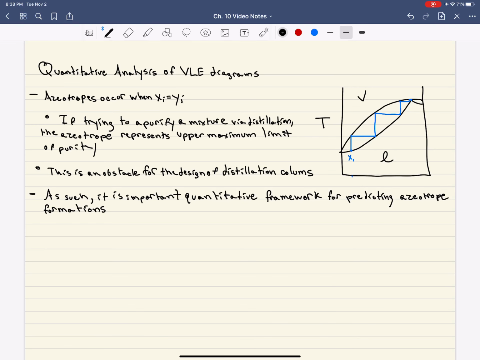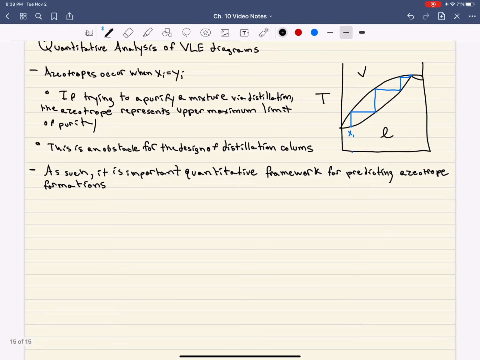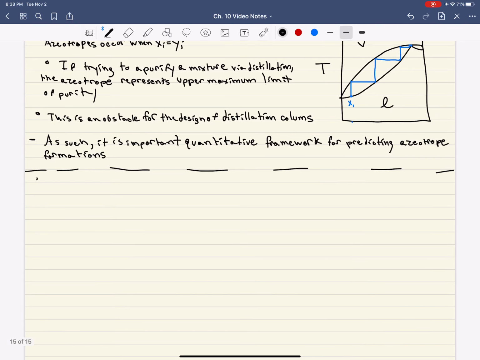Let's now go through the math for estimating and predicting azeotropes. We know that the criteria for the formation of an azeotrope are the following two things. First of all, the liquid and the vapor mole fractions for a species have to be equal.